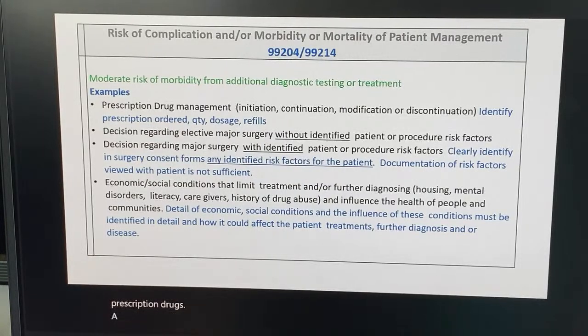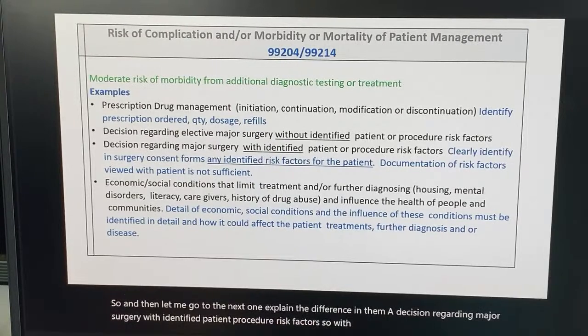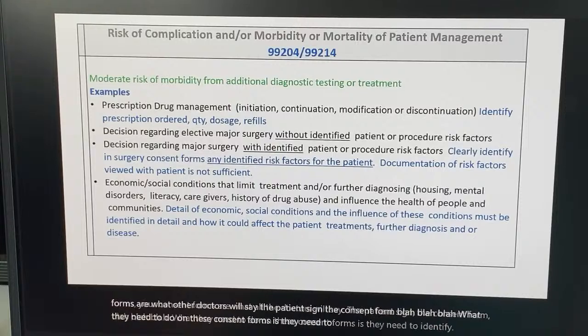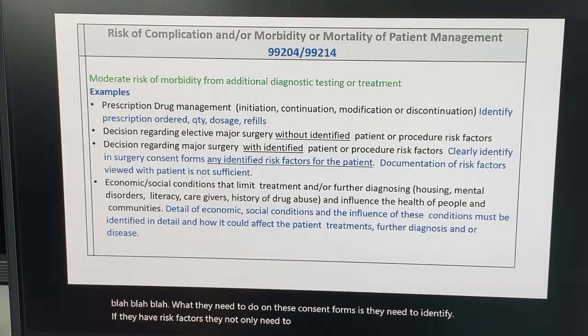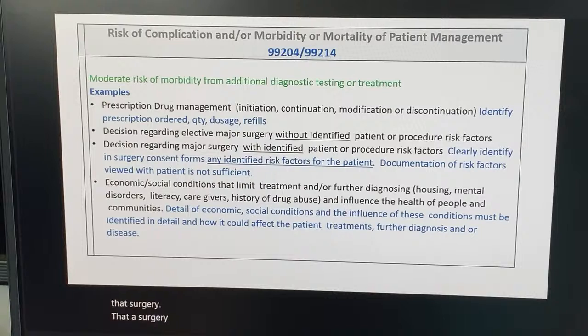Discussion regarding elective major surgery without identified patient or procedure risk factors. Let me go to the next one, then explain the difference: decision regarding major surgery with identified patient or procedure risk factors. With consent forms, all the doctors say the patient signed the consent form. What they need to do on these consent forms is identify if they have risk factors. They not only need to tell the patient, they need to make sure it is in the surgery report that they give the patient to sign.